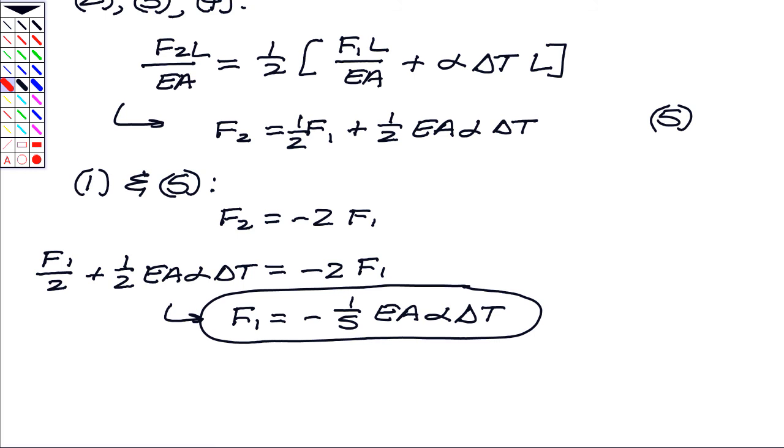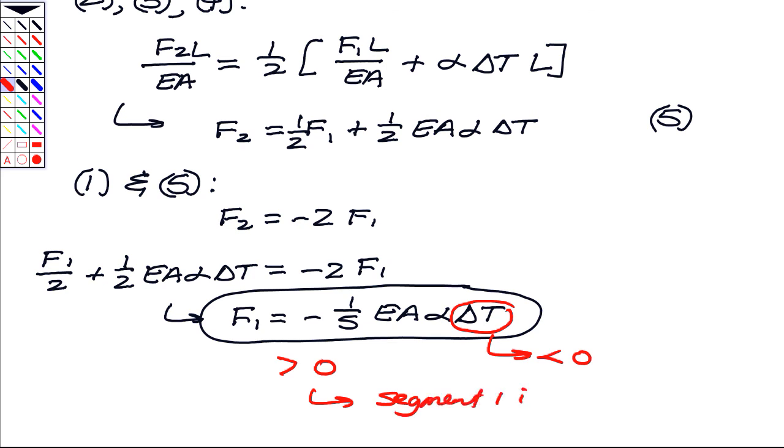Please keep in mind here that the delta T that we're going to have, let me just confirm by looking back on this, it says that the temperature is going to be decreased. So since delta T is negative, F1 itself, a negative times a negative is a plus. So this says that segment 1 is in tension.